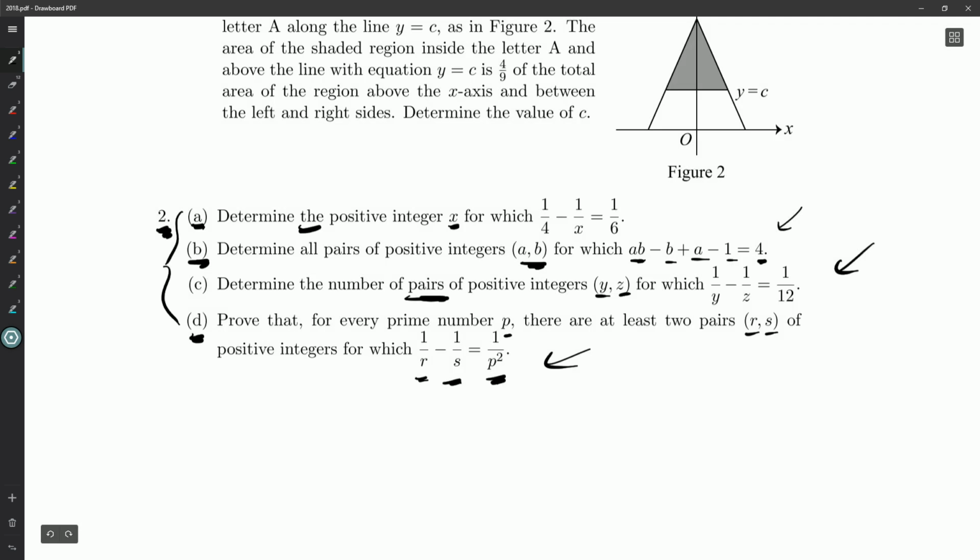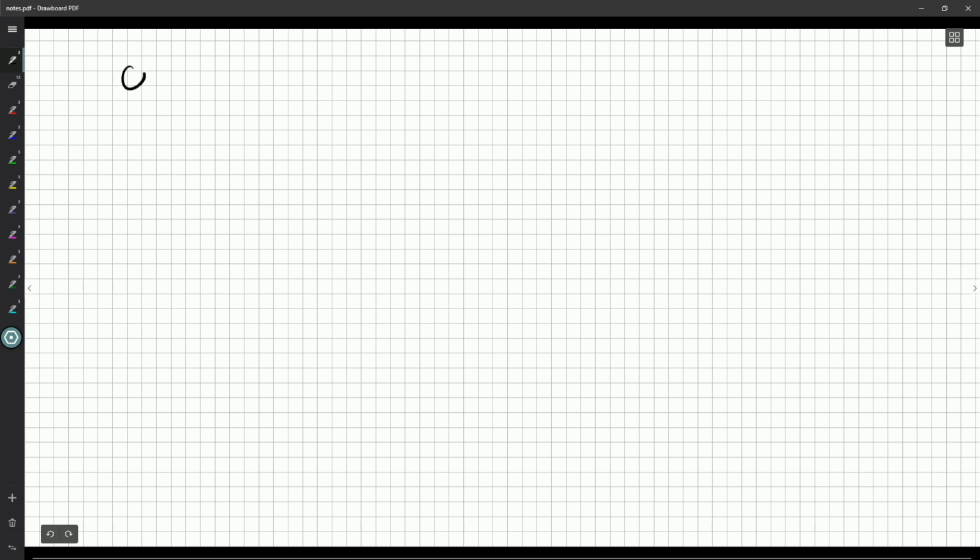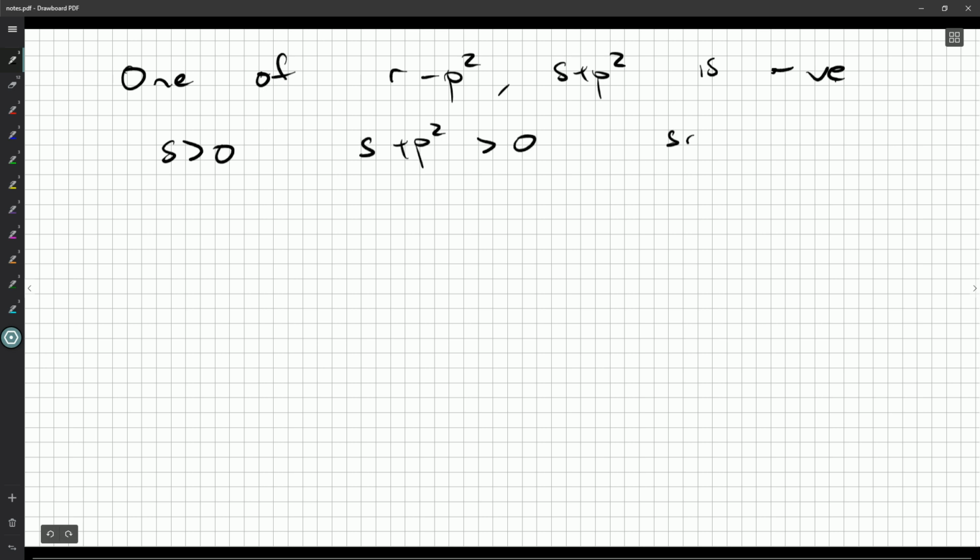Now we want positive integers, I'm pretty sure, but I want to double check. At least 2 pairs of positive integers, fine. One of r minus p squared and s plus p squared is negative. s is greater than 0, so s plus p squared is greater than 0.